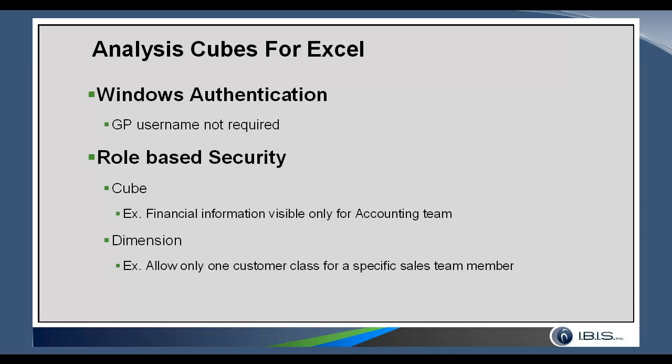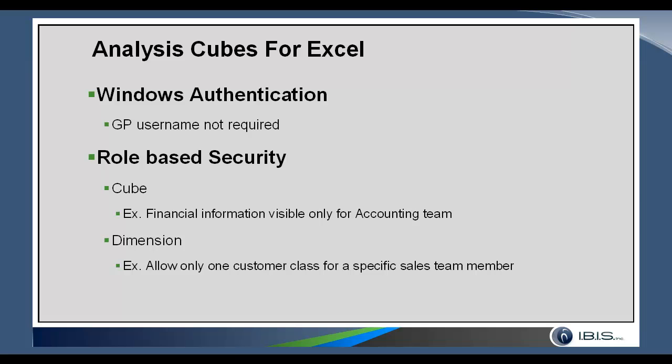The security is controlled by role-based setup, so you can use the security down to a cube or a dimension level. I see a lot of clients using cube security, for example, for financials. They might not want their salesperson to be able to see the financials data, so you can give the salesperson just the sales cube.